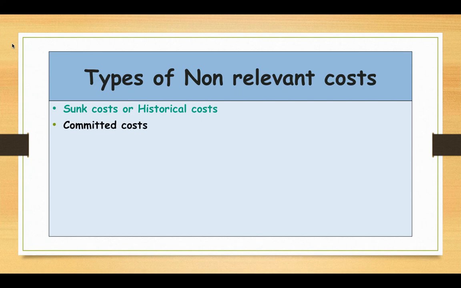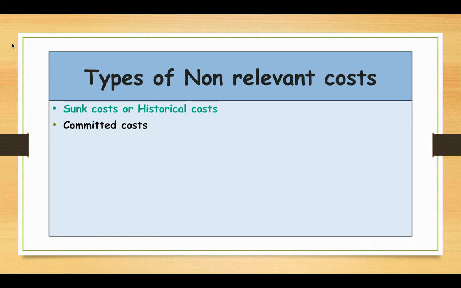The next one is a committed cost. Even though these costs are future costs and going to be incurred in the future, these costs cannot be avoided because the company has already committed to incur them. Examples are leasing contracts and hire purchase contracts.